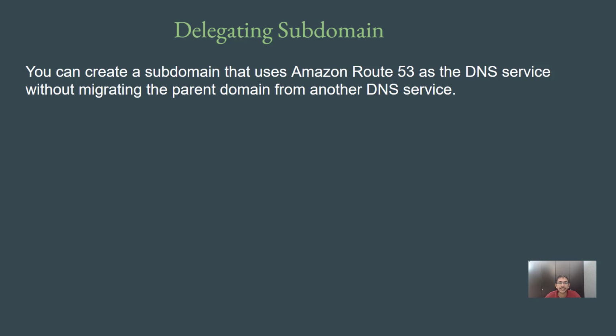So let's quickly understand with a small animation. Let's say that you have a specific DNS provider apart from Amazon Route53 where you have a domain that is hosted. Here you have a domain called kplabs.in, which is the parent domain.